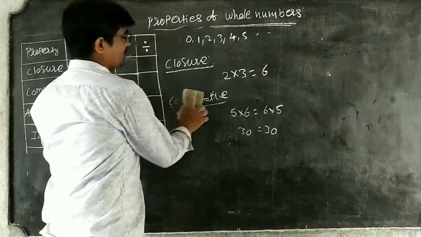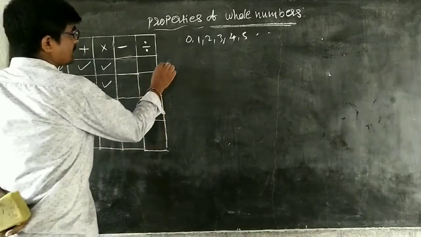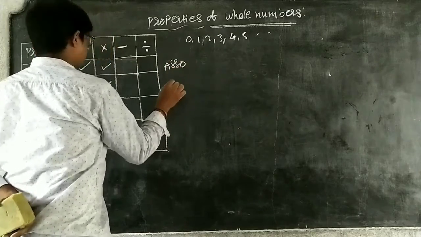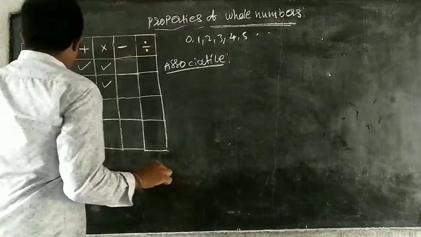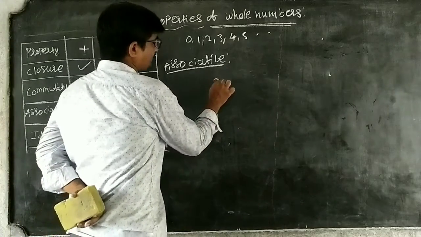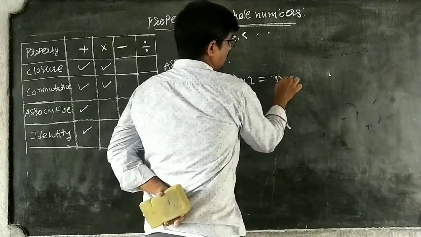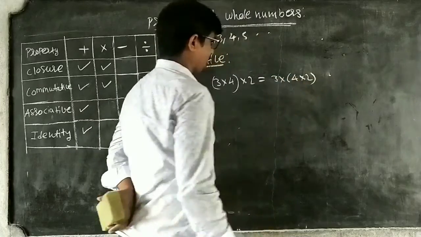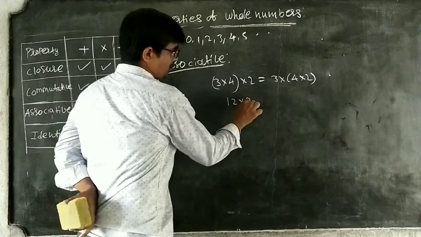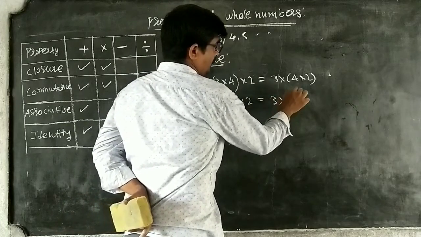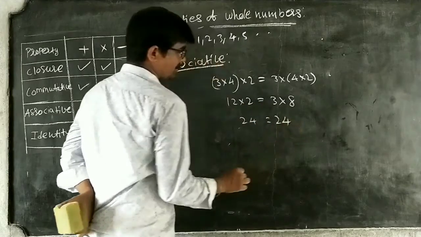Next, after commutative, we are going for the associative property. What is associative? If I take 3 into 4 into 2, first 3 into 4 is 12, into 2 is 24. Then 3 into 8 is also 24.